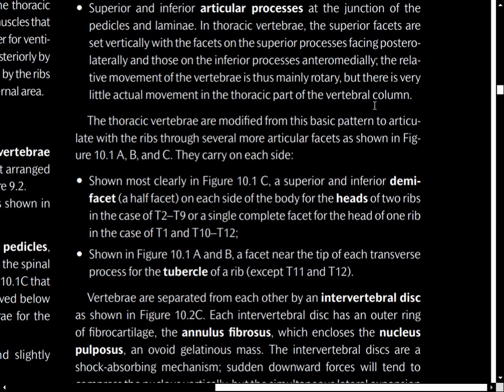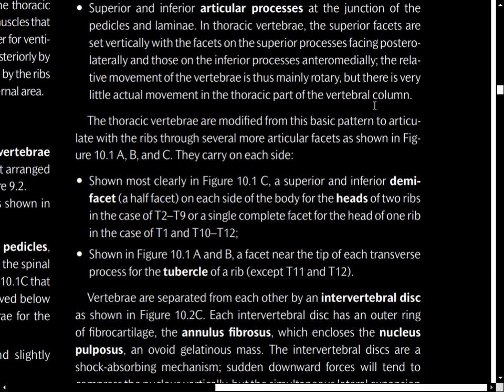The thoracic vertebrae are modified from this basic pattern to articulate with the ribs through several more articular facets, as shown.